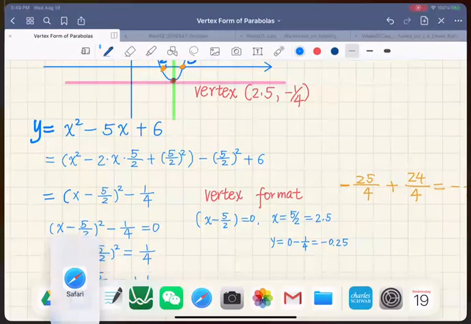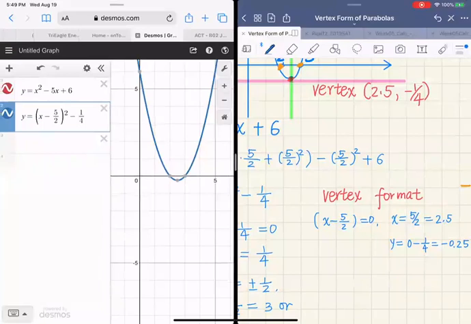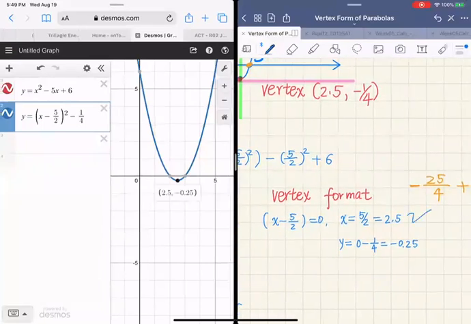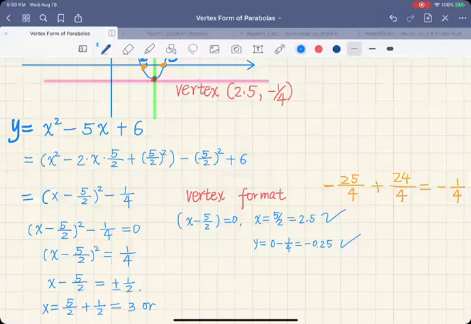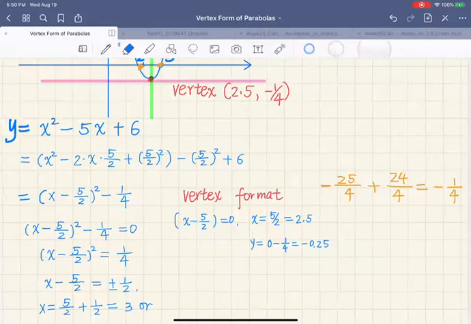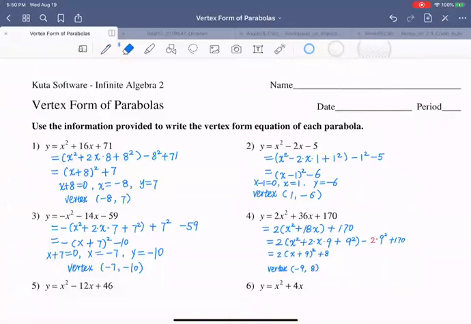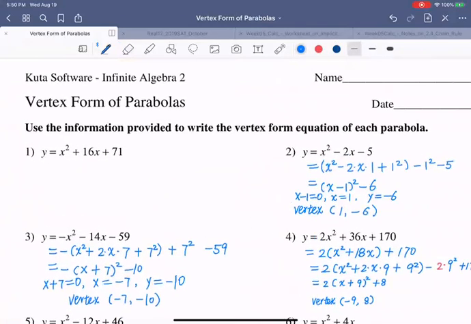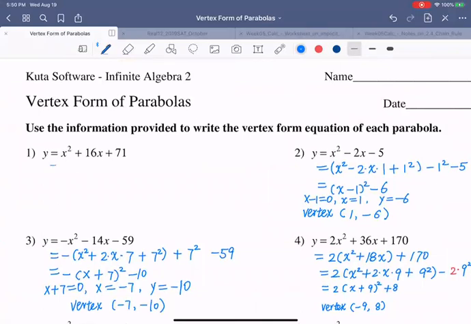You can also calculate it by yourself. Now we are going to do all the other questions without graphing, but by hand, to find the vertex format. Are you both ready? Okay. Now let's do the first one. Valeria, go ahead.